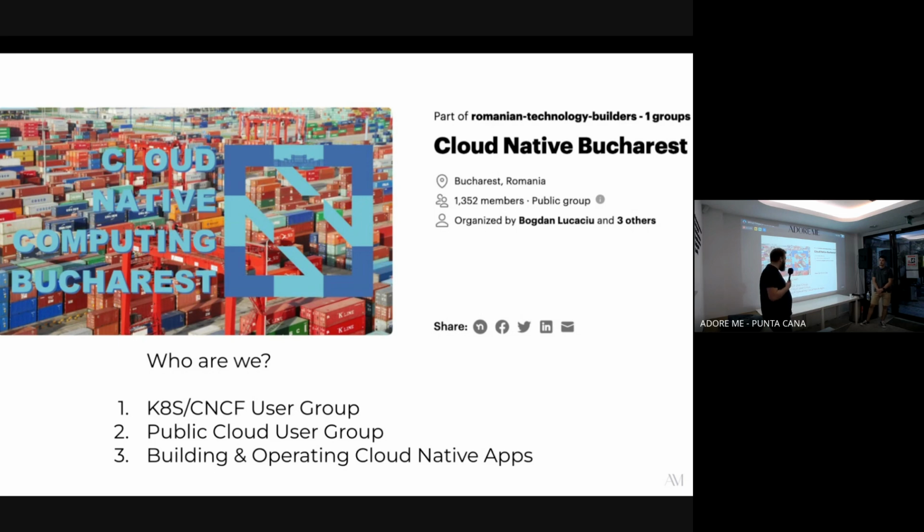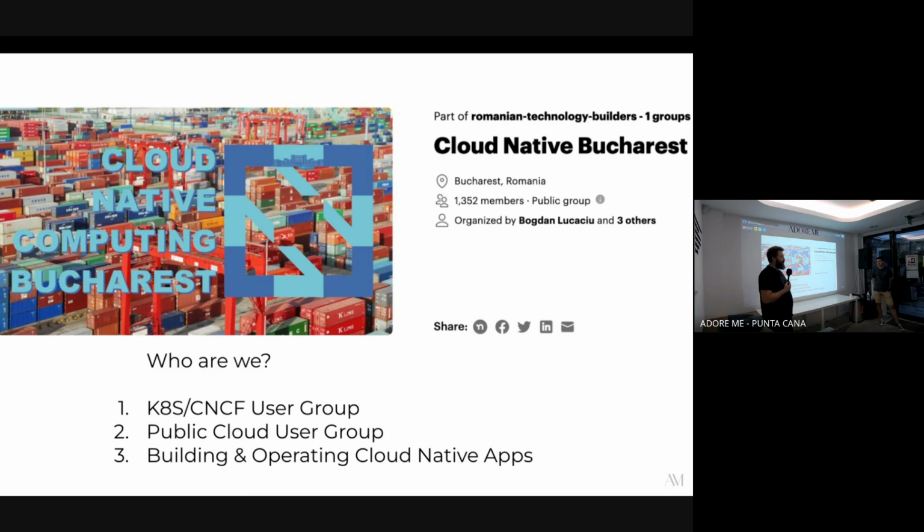The scope we're covering is three different things. First of all, we're kind of a Kubernetes user group, or more largely a CNCF user group, because all the other projects under the CNCF umbrella, like Prometheus and whatnot, are in our area of interest. Secondly, we are interested in use cases in all public clouds. So we're kind of vendor agnostic in our interests.